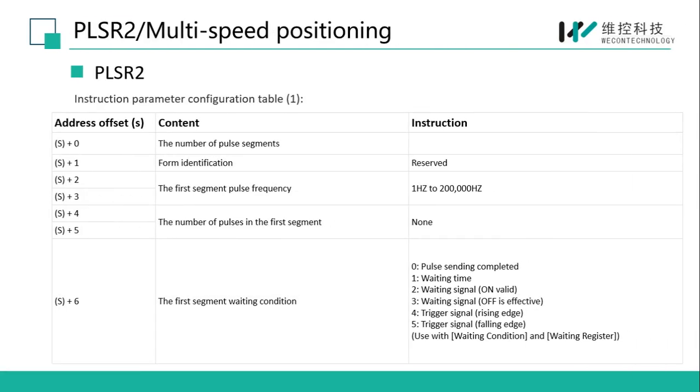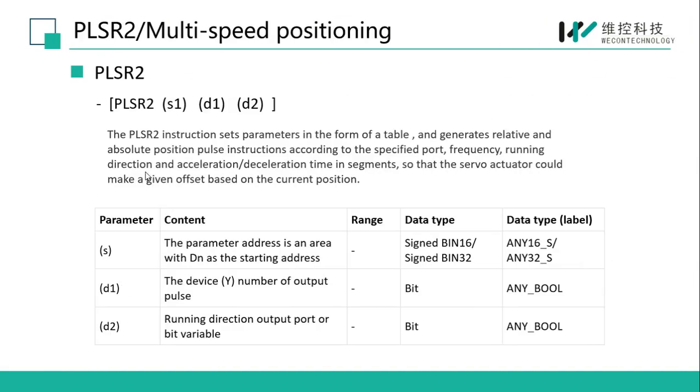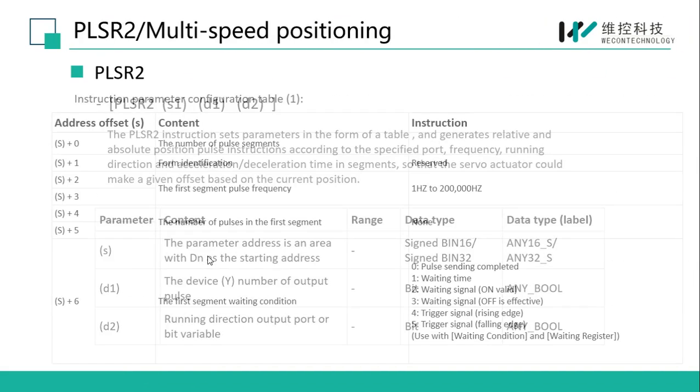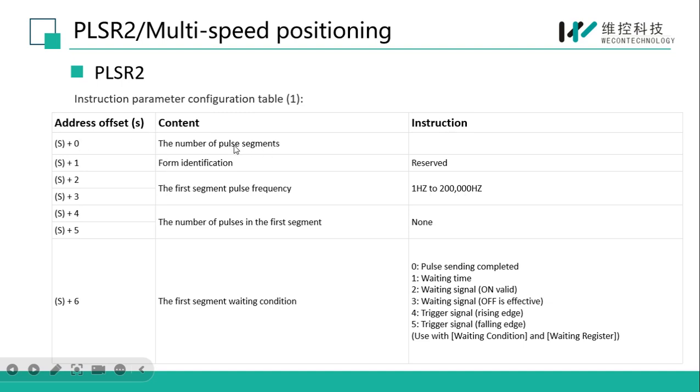As you can see in this parameter configuration table, if I set parameter 1 as D0, D0 is the number of path segments. For example, if we need 4 output frequencies in a row, we can set it as 4.